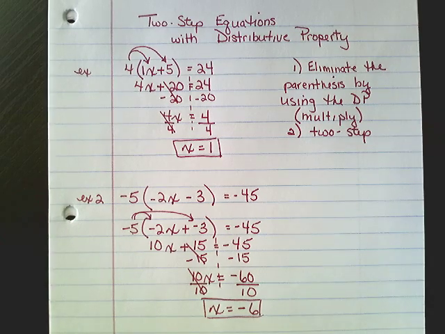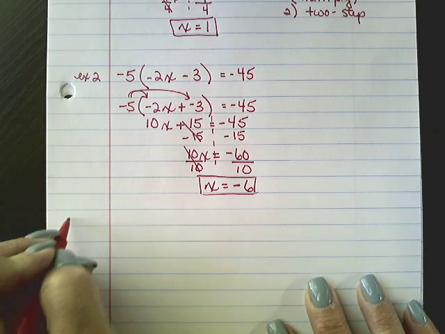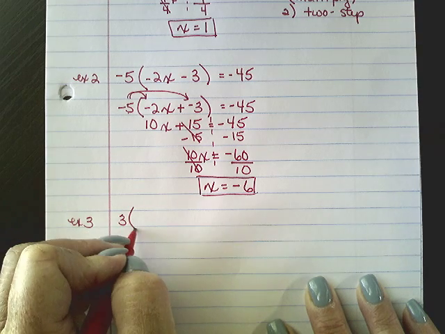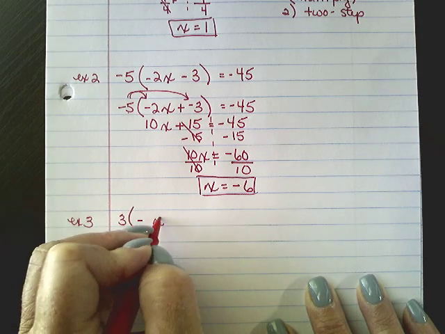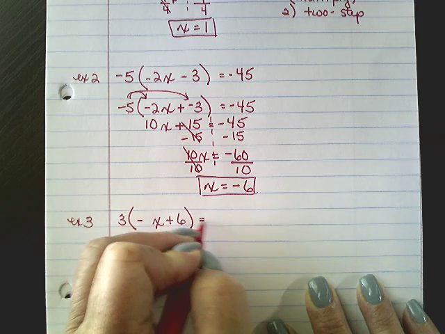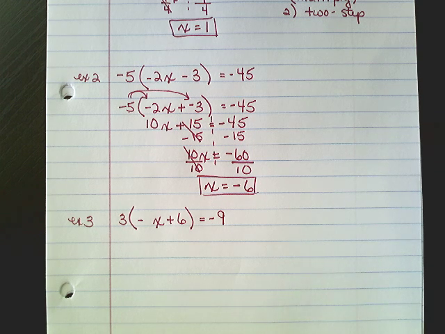Okay, one last one. We're going to take 3 times negative x plus 6 equals negative 9. Now, we've talked about this before.